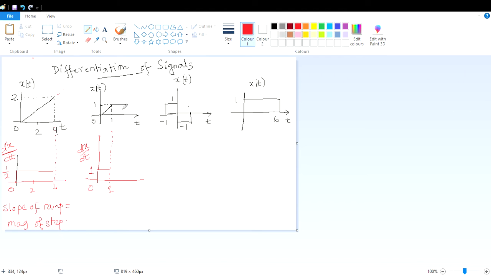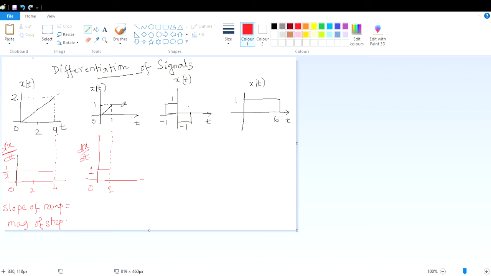Now what are we getting? We are getting 0 here, and as per our concept, when the slope is 0, we should know that along with this ramp there was another ramp of the same slope but in the negative direction, right? So we can understand there is another ramp acting here.